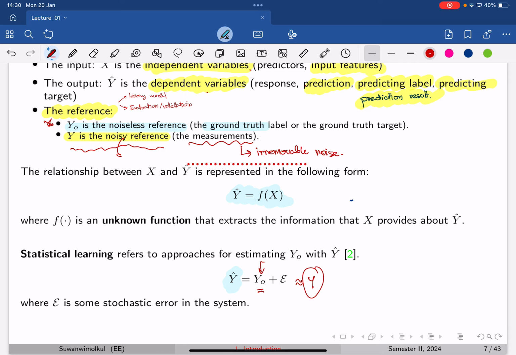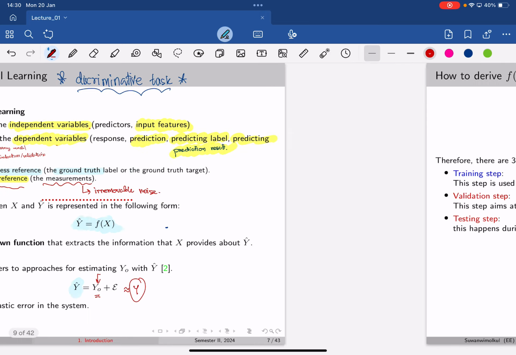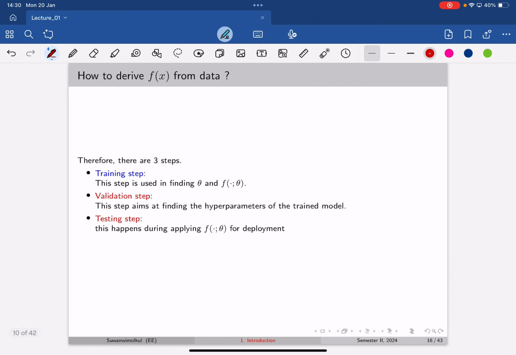Okay. Shall we move on? So there are 3 steps in creating a model and using it. The first step is the training. In this step, we will do our best to find either the model or the model parameters, or let's say we are learning these 2 sets of unknowns.